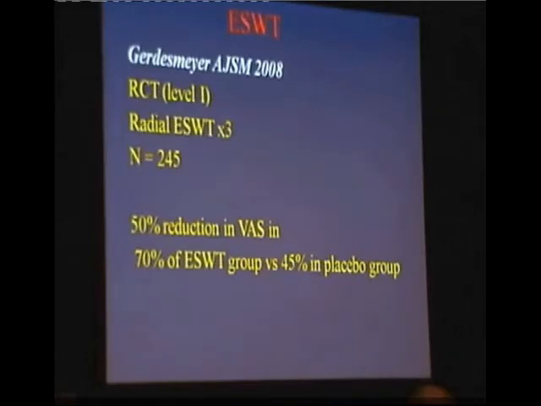This is another study, a large multi-center randomized trial looking at high-energy ultrasound, and their outcome measure was a 50% reduction in pain scores. With their ultrasound group, 70% of their patients had a 50% reduction in their pain scores compared to 45% in the placebo group.